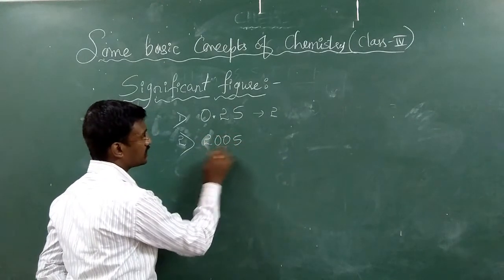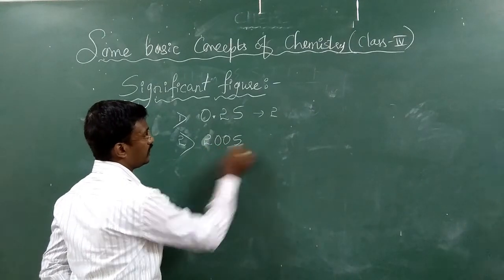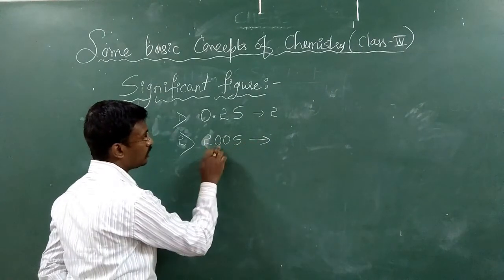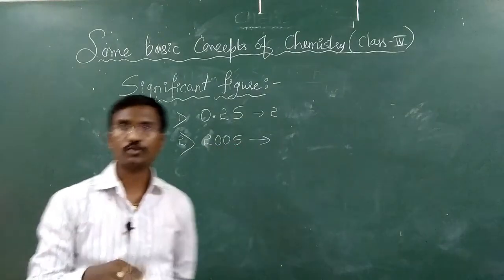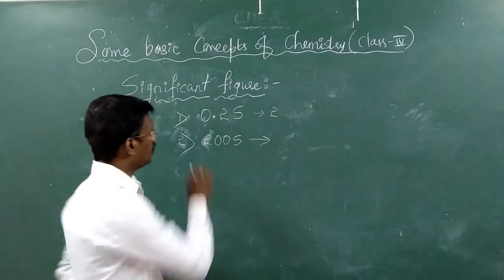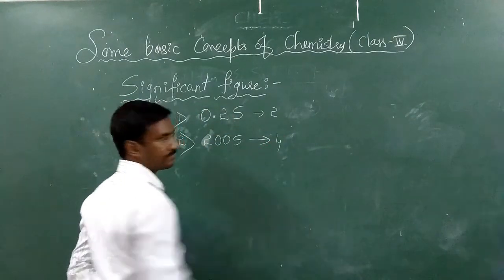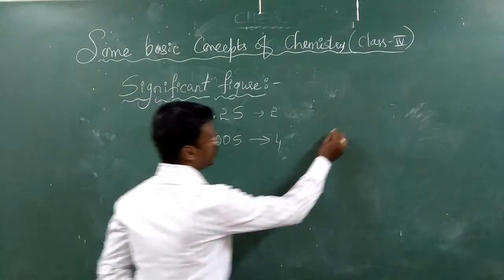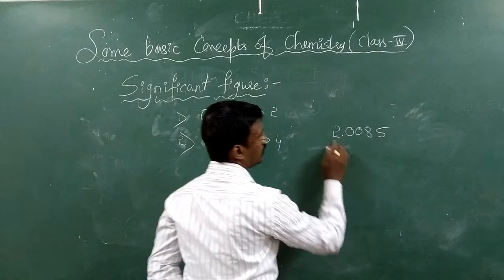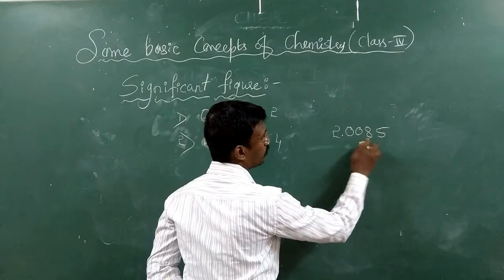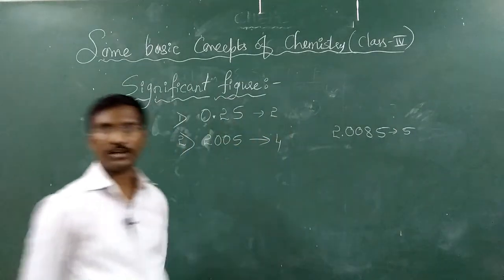Can you see the zero is present between the non-zero digits? The total number of digits is 1, 2, 3, 4. We can't neglect the zero, because including the zero the value is greater. Therefore the significant figures of this are 4. Are you getting my point? Similarly 2.0085: the total digits are 1, 2, 3, 4, 5, so the significant figures are 5.